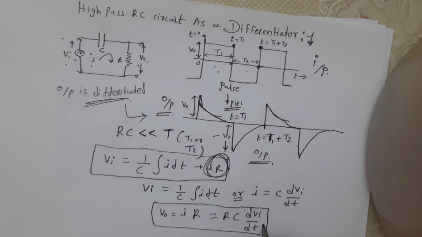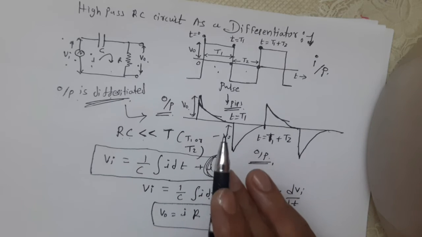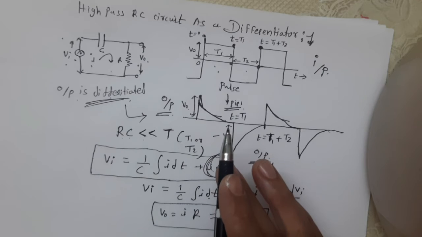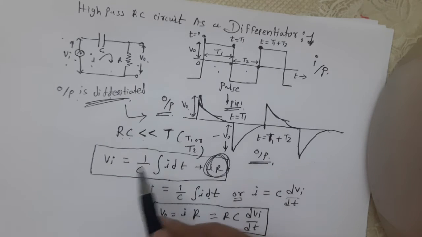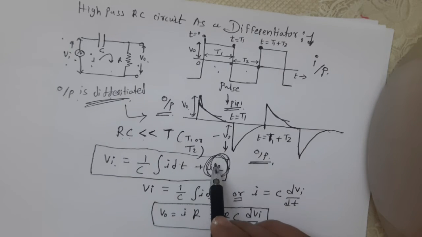I repeat: if Vi is the input voltage, Vo is the output voltage, and I is the current flowing in this combination, then with zero initial voltage across the capacitor C, where Q is the charge of the capacitor, we can write Vi is equal to 1 upon C integration of I dt plus IR.